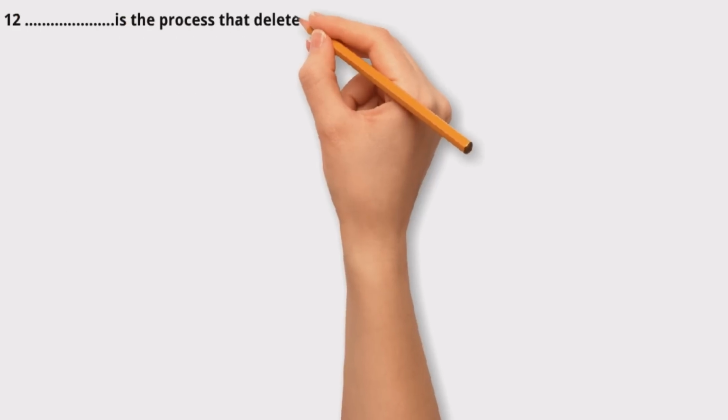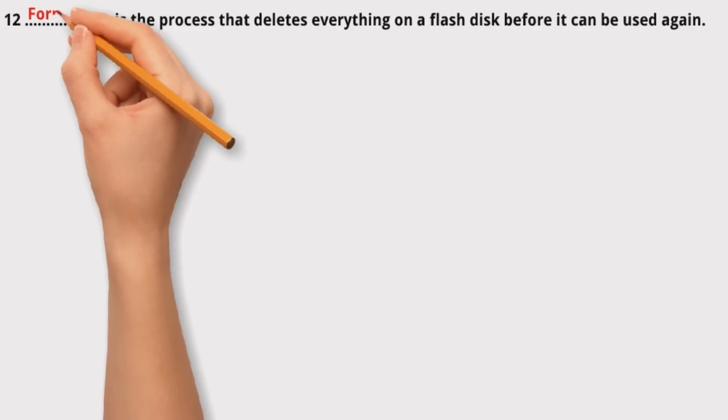Okay, 12. Question 12 is as follows. Dash is the process that deletes everything on a flash disk before it can be used again. The correct answer on 12 is formatting.